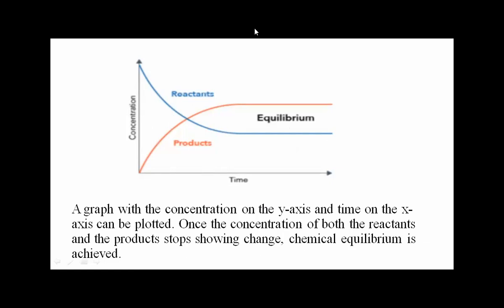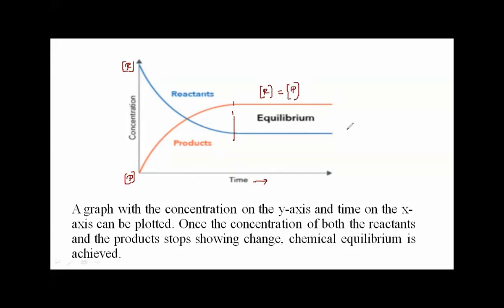In the beginning, the concentration of the reactants is more and the concentration of the products is 0. With the progress of time, the concentration of the reactants goes on decreasing and the concentration of the product goes on increasing. From this point, you can see the concentration of both reactants and products remains constant.